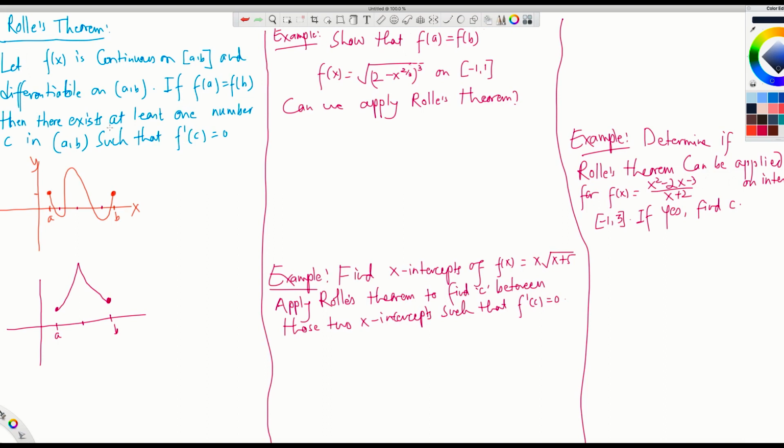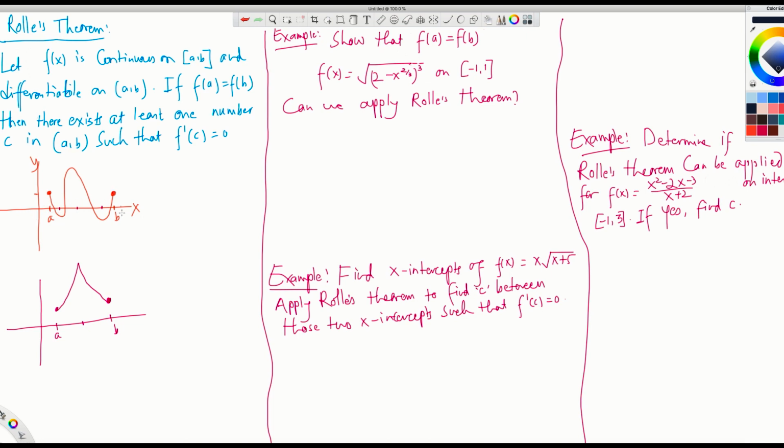What does it say? Suppose a function is continuous in the closed interval [a, b], meaning between a and b there is no break, and differentiable on the open interval (a, b), meaning the function must be smooth. It is not like a sharp corner or cusp, those kinds of behavior between a and b.